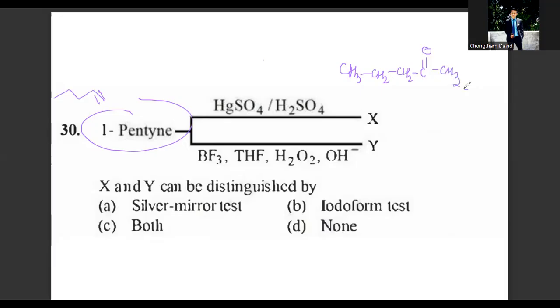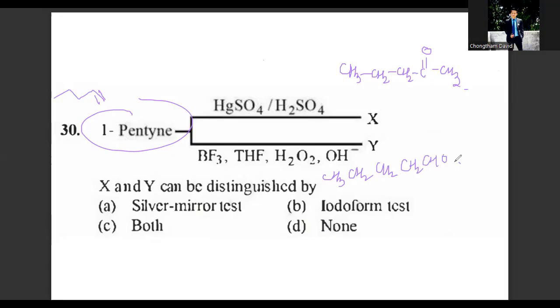And when it is further treated with BF3, THF, and hydrogen peroxide, it gives Y. Y may be, I'll write the structure here, CH3CH2CH2CH2CHO.